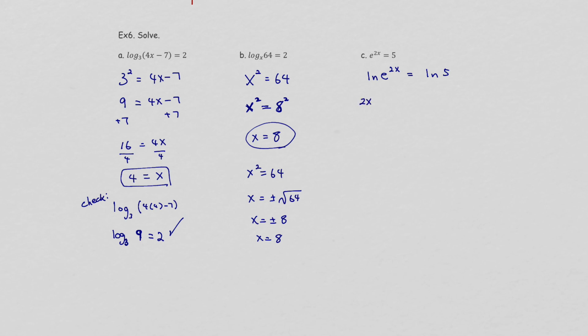That will be 2x ln e equals ln 5. Also, another property that you need to know: ln e is equal to 1. So the natural logarithm of e is equal to 1. Why? Because ln is log base e, right? So then you end up getting 2x equals ln 5, where x should be equal to ln 5 over 2.